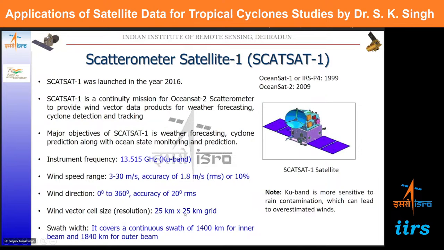It has a spatial resolution of 25 kilometer by 25 kilometer grid, and a swath of around 1400 kilometer for the inner beam and 1800 kilometer for the outer beam. But because it is a Ku band, it has some limitations also. Ku band is more sensitive to rain contamination, which can lead to overestimation of the wind.